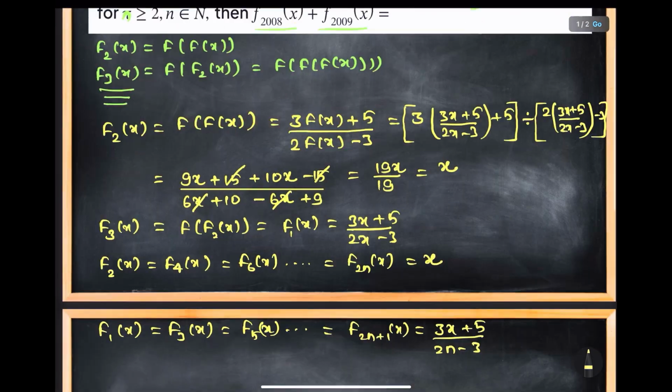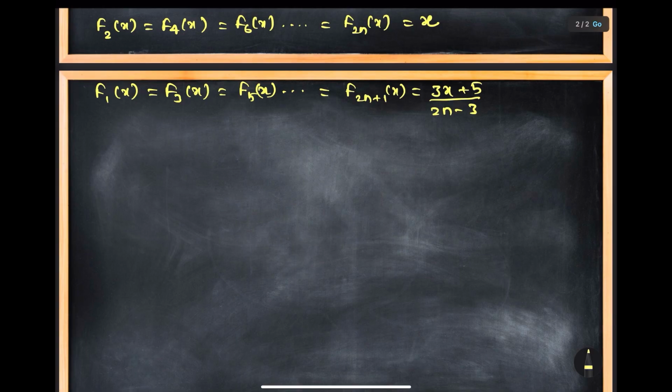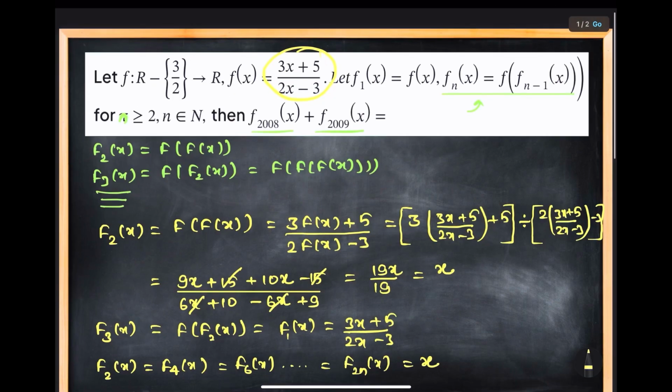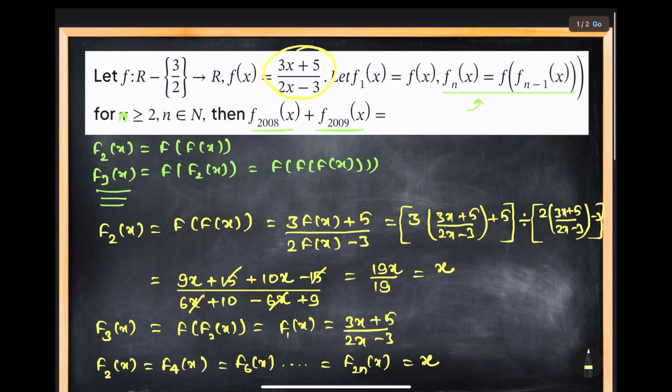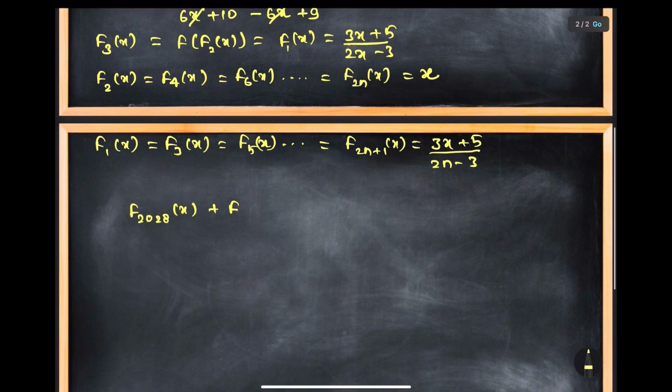We want f of subscript 2028, f of 2028(x), plus f of 2029, I think. No, it's not 28, it's 8. Same thing, it doesn't really matter.